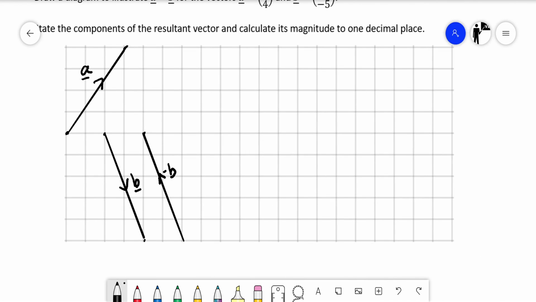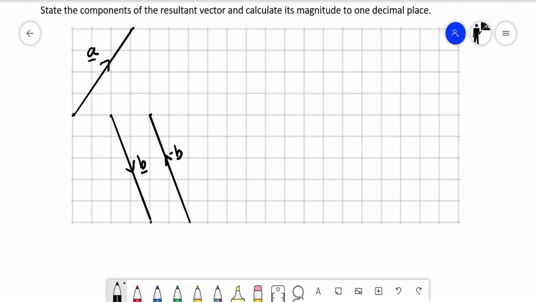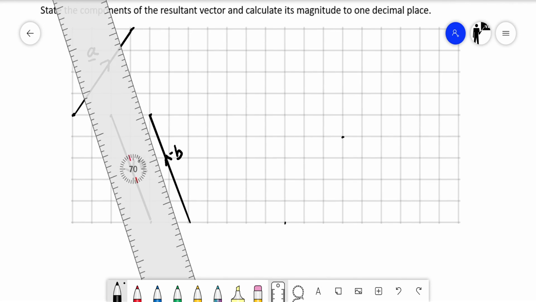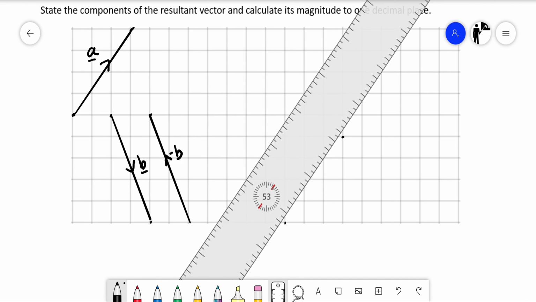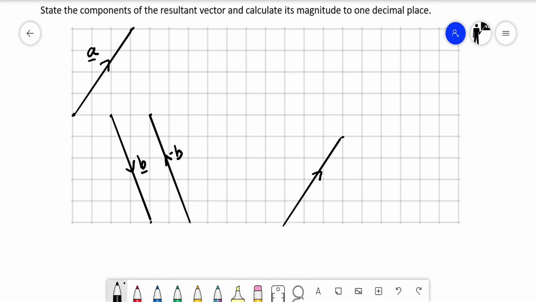Okay, so I want to draw A followed by minus B. So I'm going to draw A, which is 3, 4. I'm going to draw this down here. So where's A? We'll start here. 1, 2, 3, 1, 2, 3, 4. So here's vector A. And I want to attach the vector minus B onto the end of it.